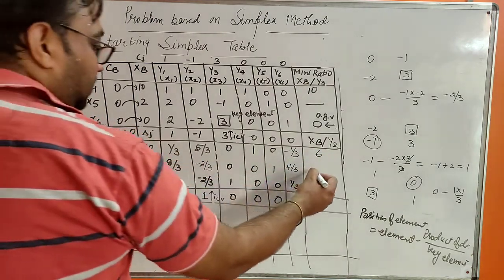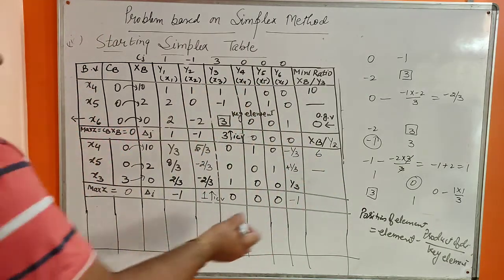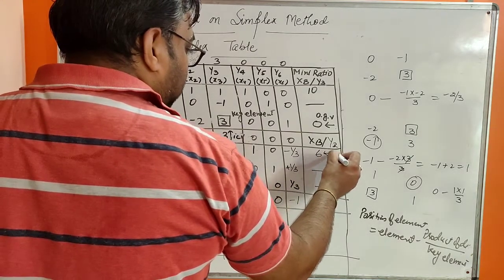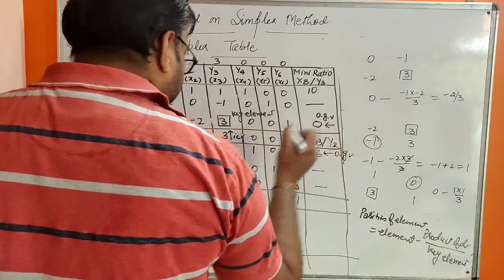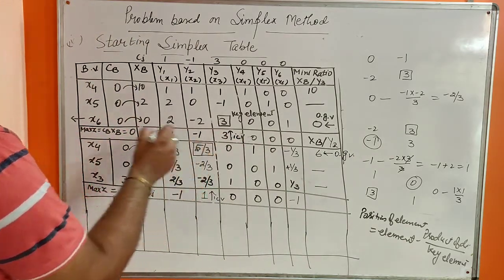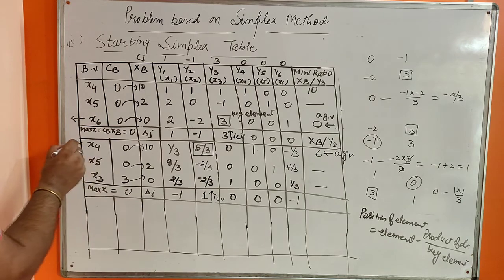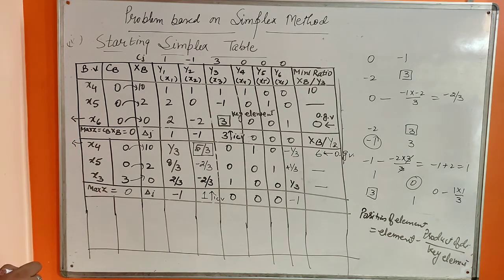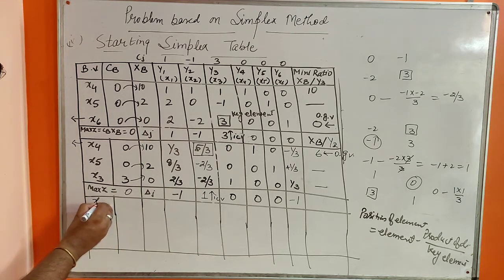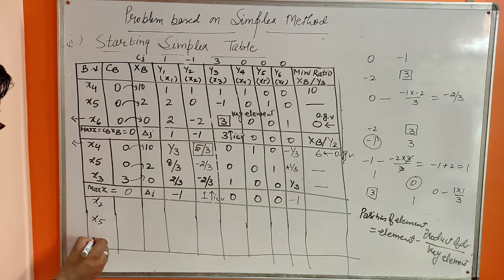We cannot divide by this negative and also we cannot divide by this negative. So only one element is remaining and this is OGB. So the intersection of ICB and OGB is key element, put box on it, and this x4 will remove, and what is coming at this particular place? x2 will arise, that is x2, x5, x3.